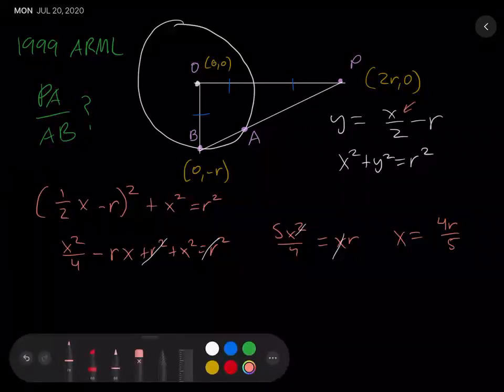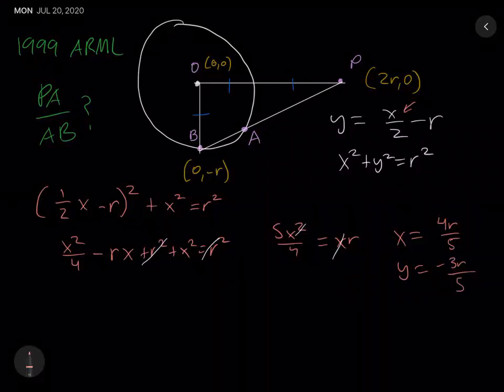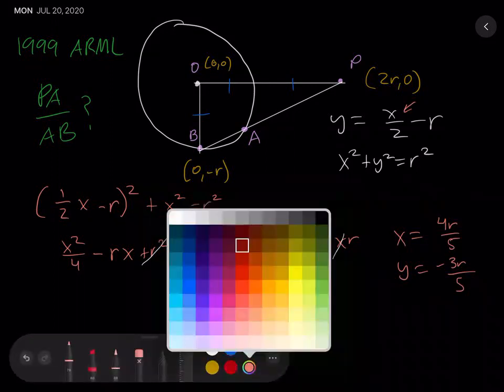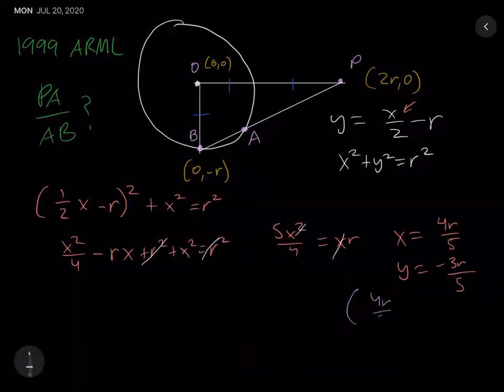So this will give us 2r over 5 minus r. So y is equal to negative 3r over 5. So this means that point A lies on the coordinate 4r over 5, negative 3r over 5.